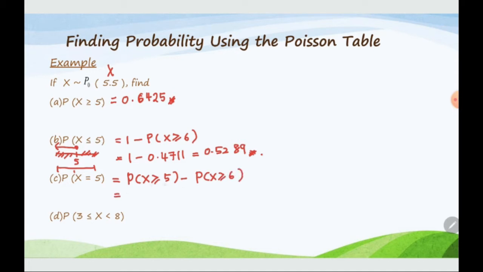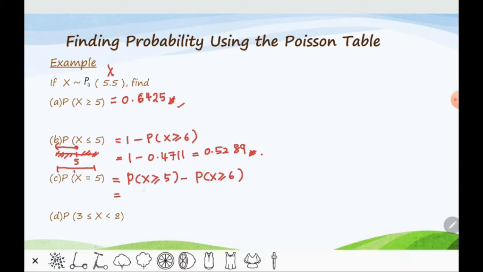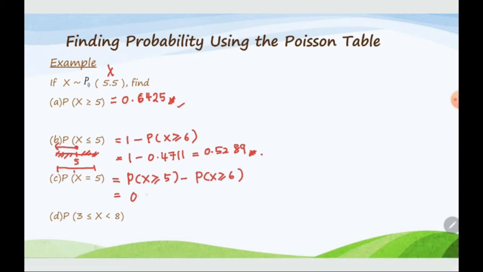So X greater than or equal to 5 is part A, which we already read from the table, minus X greater than or equal to 6, which is 0.4711. When you subtract, you will get 0.1714.